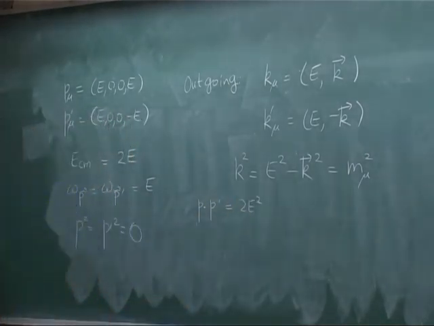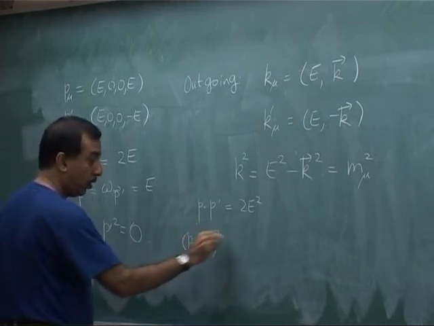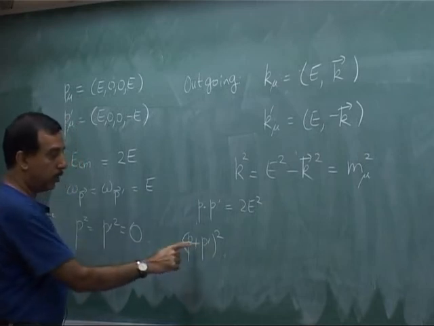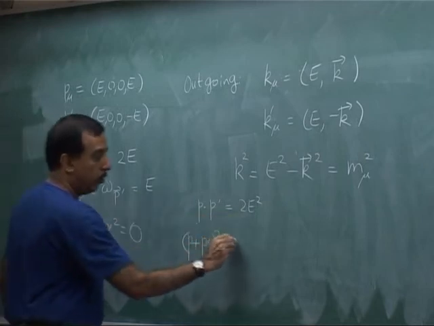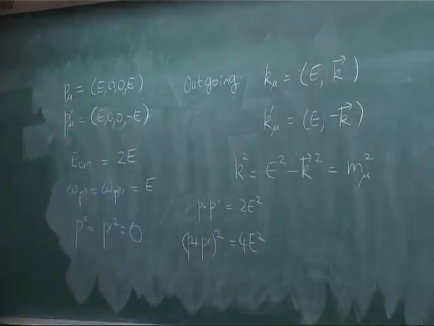Okay. Then what is P plus P prime the whole squared? So P squared is 0, P prime squared is 0. The cross product is 2P dot P prime. So from this we see that it's 4E squared. Okay. Then P dot K prime.